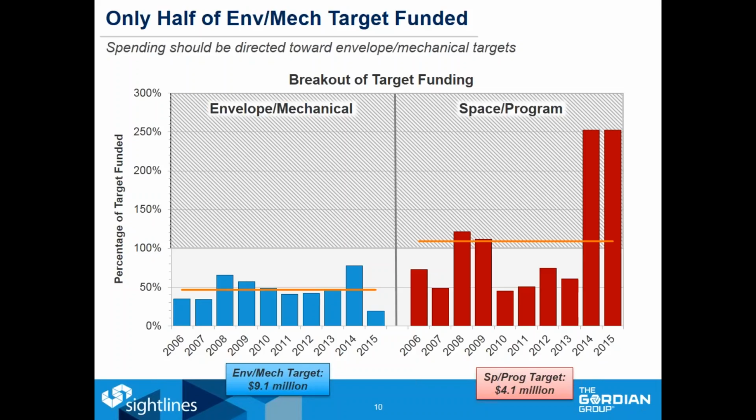So they weren't investing into their systems to the extent that they should, just investing 50% of what would be the ideal amount, or $9.1 million a year. On the space and program side, they were investing more than 100% to target. So they were spending a lot to beautify their campus. But the systems that are so integral to finding energy efficiency were not getting the attention that they needed given their age and condition.